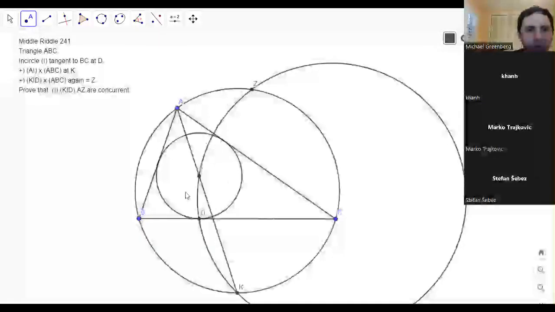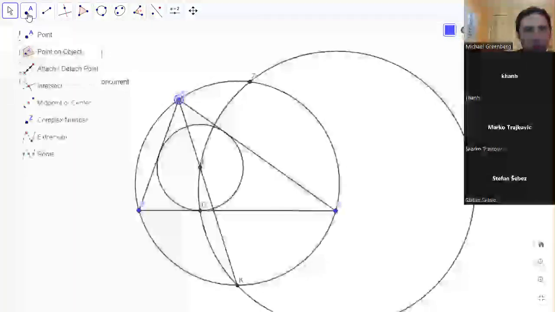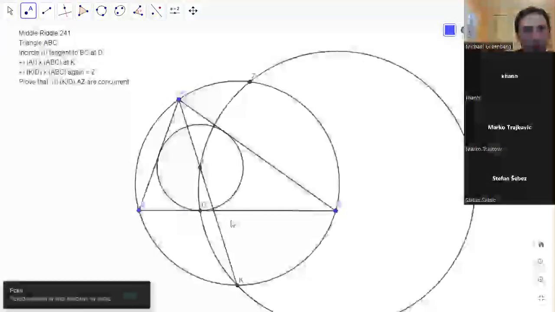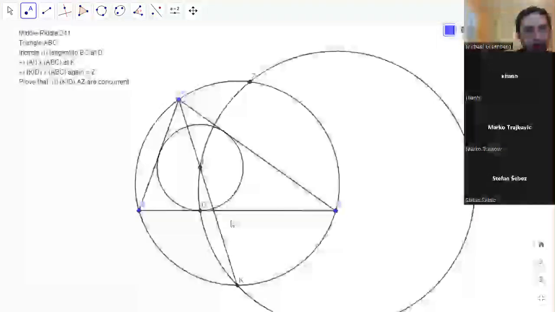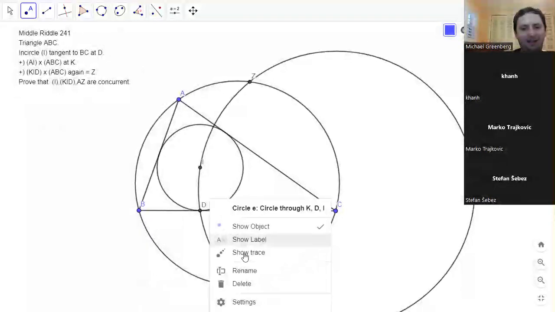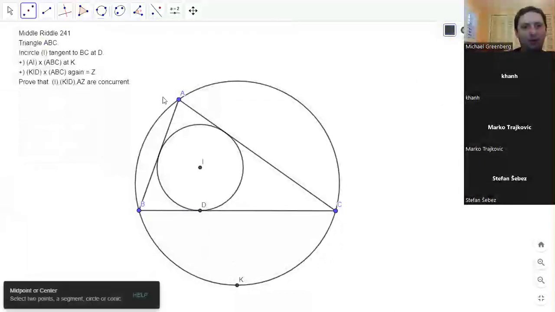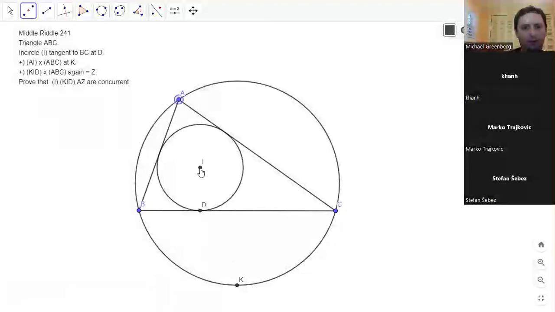Wait, we want to show this circle. So this point. No, K is not that point. I think you drew K wrong. AI intersects. Notation there, it means the diameter AI. Yeah, diameter AI. All right, so I got confused there. So this would go through those 4 points.